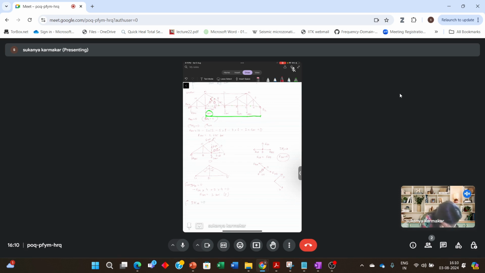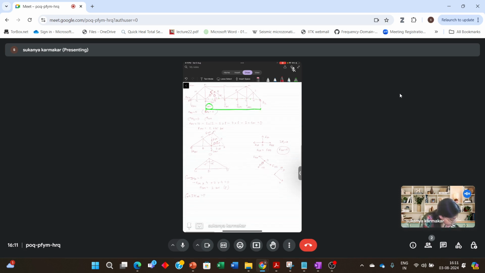So consider the moment about point M to be 0. Let's consider clockwise moment to be positive. So RAV into, what is the vertical distance between point M and RAV, is 4 meters, minus. Again this 2 kilonewton force is also passing through point M, because the line of action of the 2 kilonewton force is passing through point M, so that is also 0.